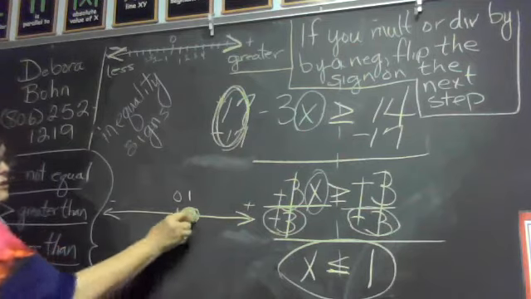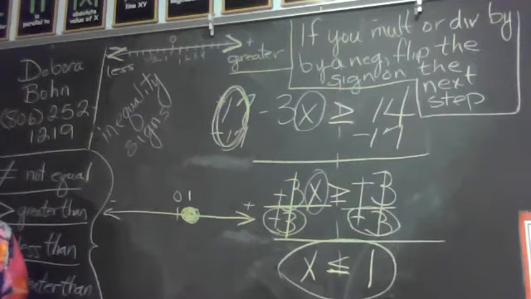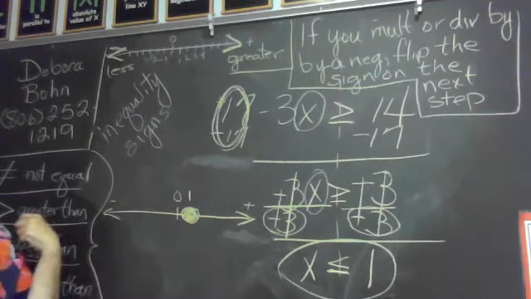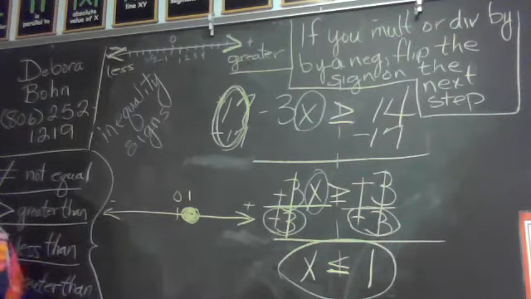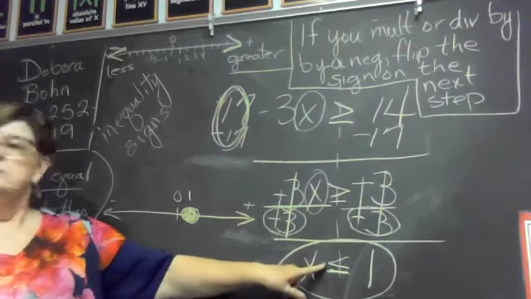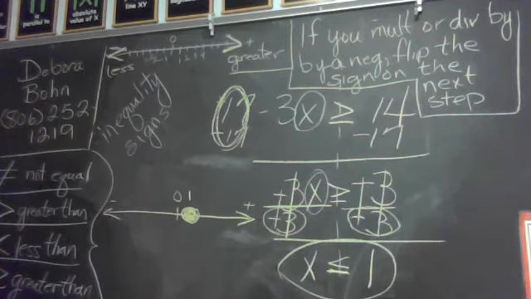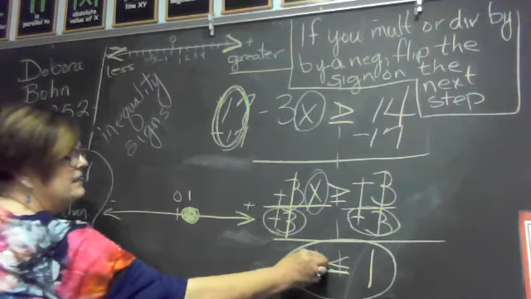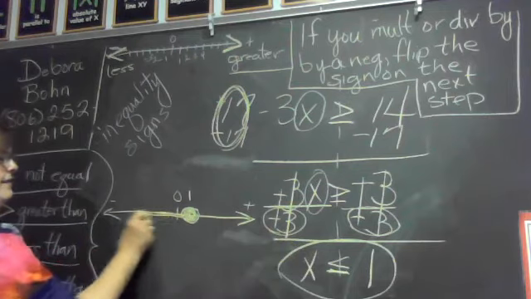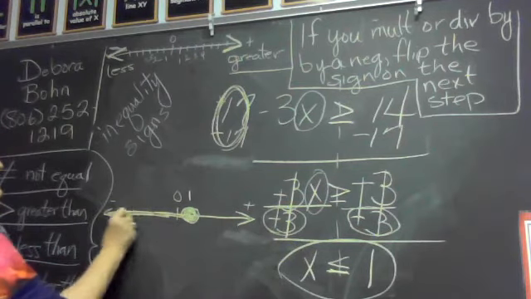The second decision that you have to make is which way are you going to shade? The left, the right. Look at this, I wrote it down. It says less than. So we're going to go less than.